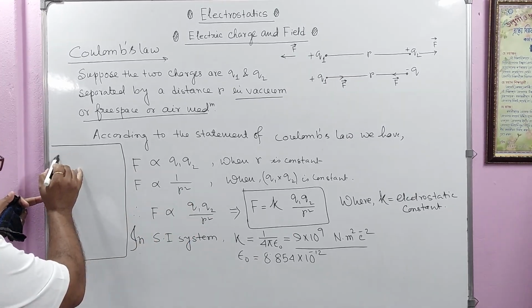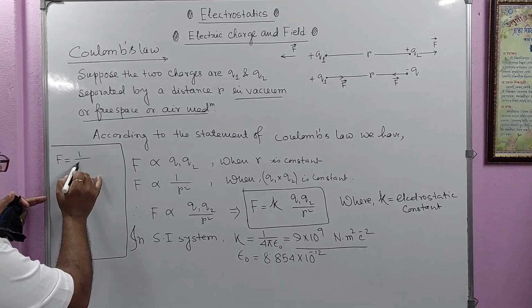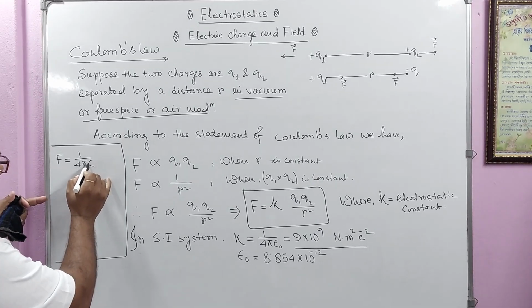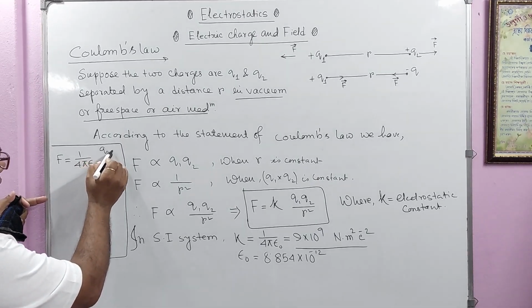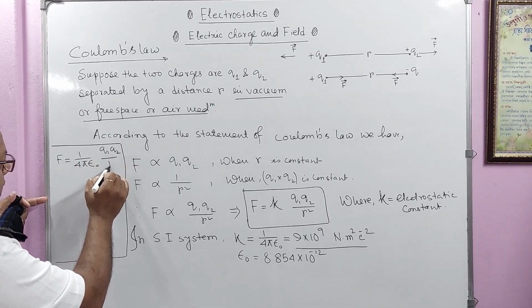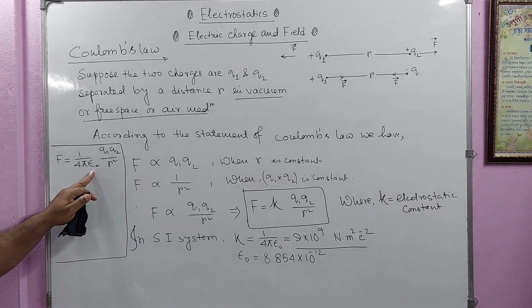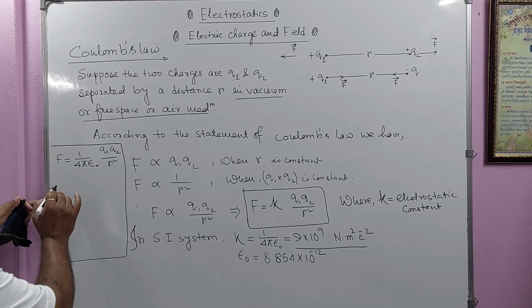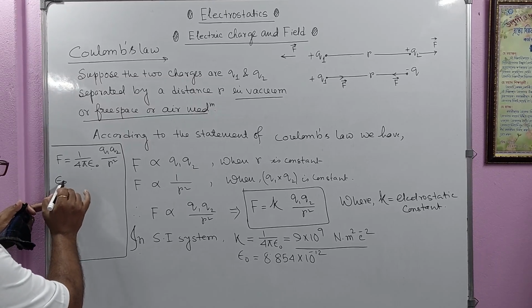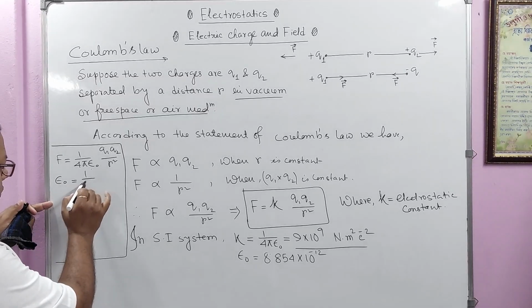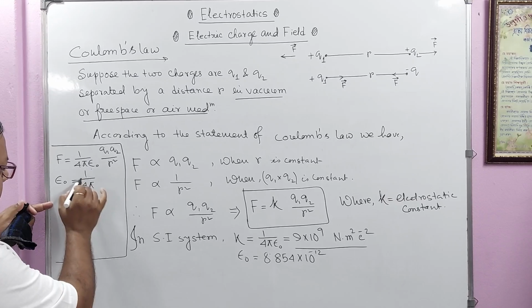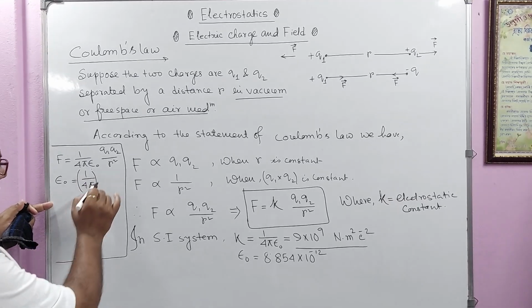F equal to 1 by 4 pi epsilon naught Q1 Q2 by R square. We are interested to find out the unit of epsilon naught. So epsilon naught equal to 1 by 4 pi. Basically it is a constant.